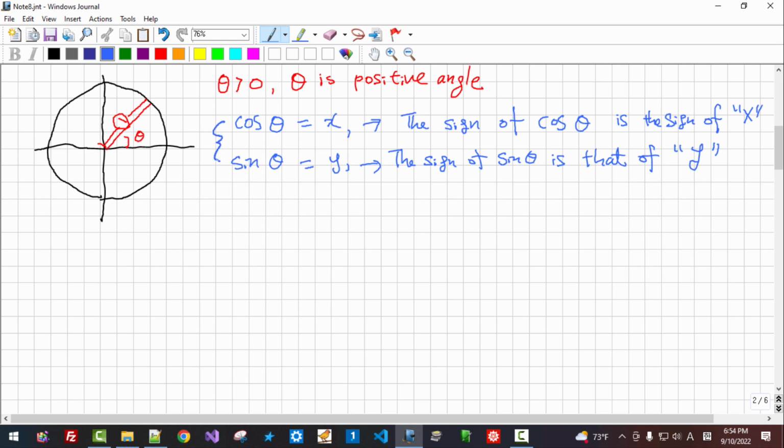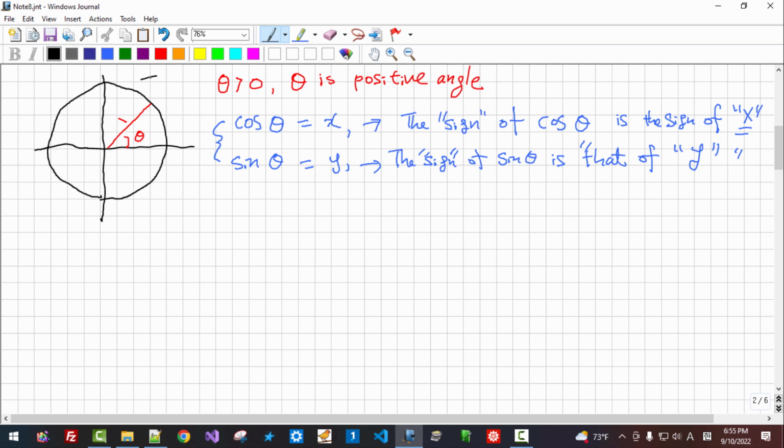If you remember that the sign of cosine theta is the sign of x and the sign of sine theta is that of y, you will never fail to convert the angles properly. You will never fail angle shift or angle periodicity.